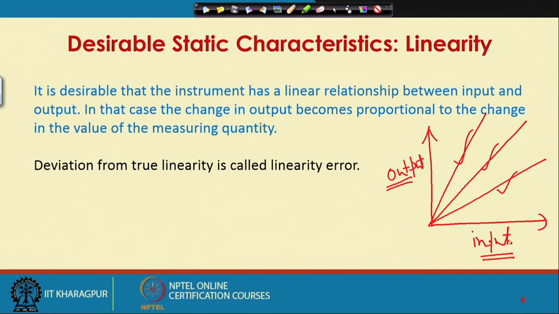In that case, the change in output becomes proportional to the change in the value of the measuring quantity. So, interpolation and extrapolation become much easier. Deviation from true linearity is called linearity error.